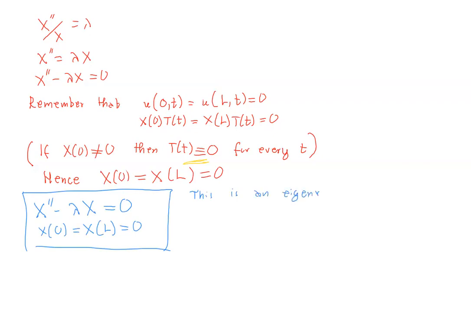And what do I mean by this? Eigenvalue means special value. Since it's a German term, it's important to understand what it means in English. So this means special value. And the thing that is special about these values is that we expect for those values to get non-zero functions.